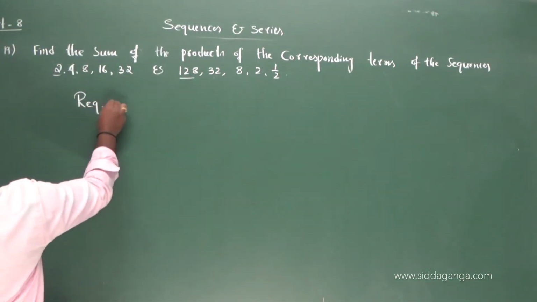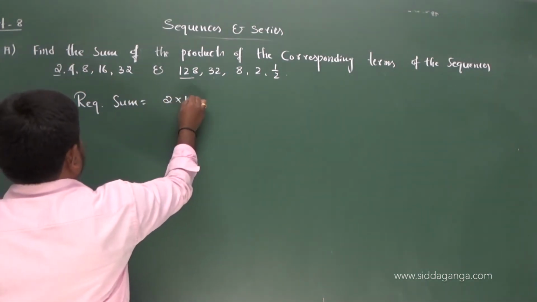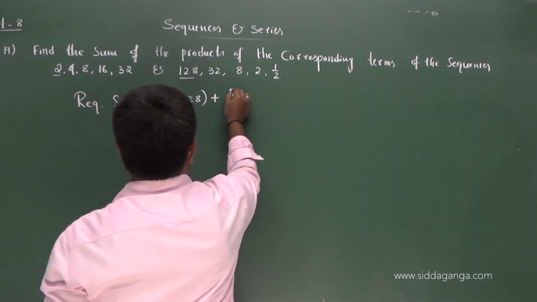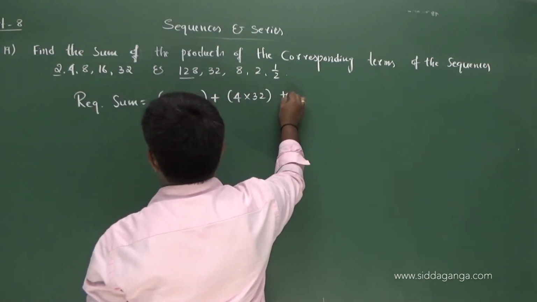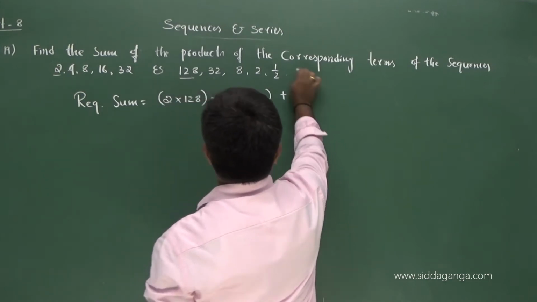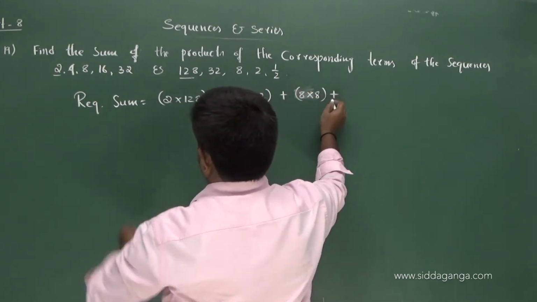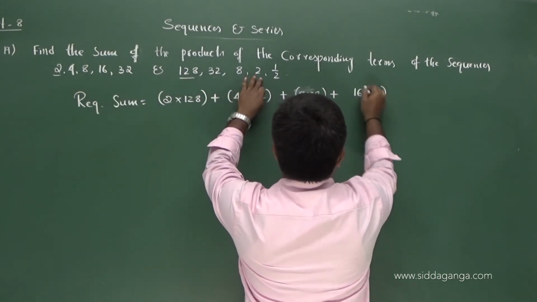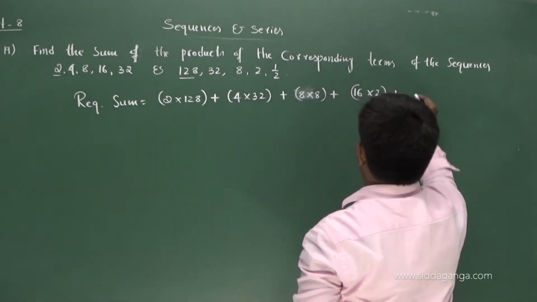The required sum is equal to 2 into 128, the product of the first terms, plus 4 into 32, plus 8 into 8, plus the fourth term, 16 into 2, plus 32 into 1 by 2.